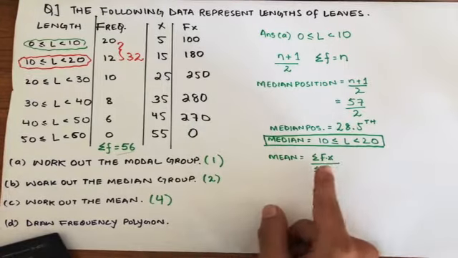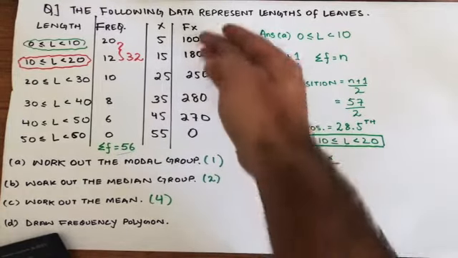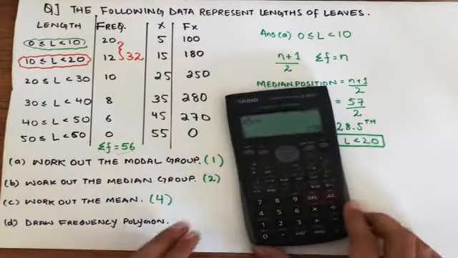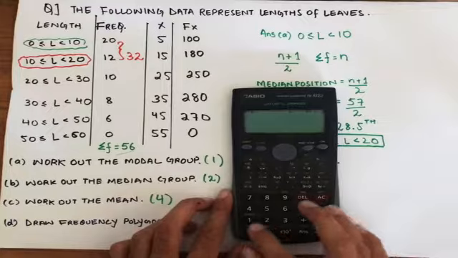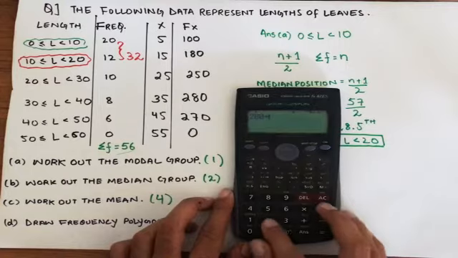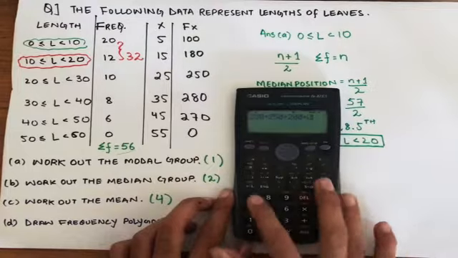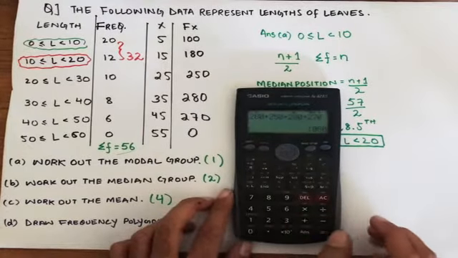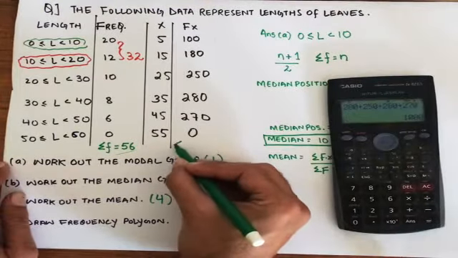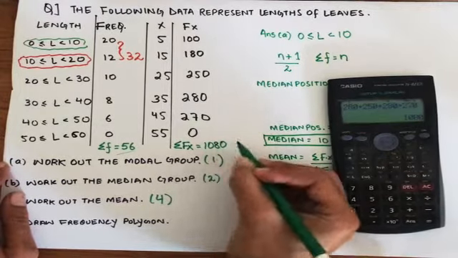So you see fx, but what we require is the total of fx, so we need to sum up all these as well. So let's take out a calculator and sum these. This would be 100 plus 180 plus 250 plus 280 plus 270, so 1080 in total. So you can write down, summation fx is equivalent to 1080.